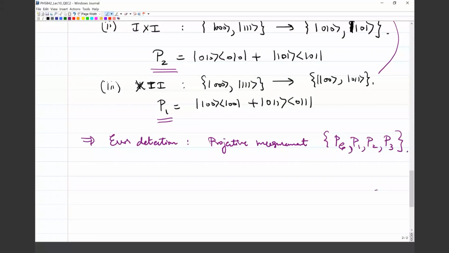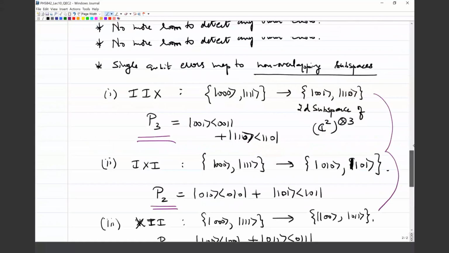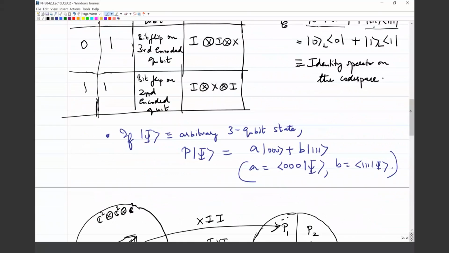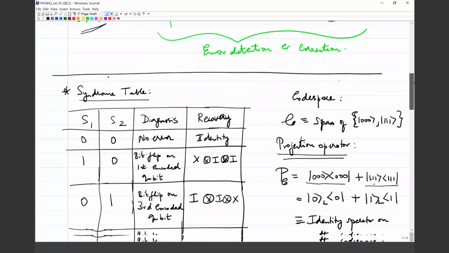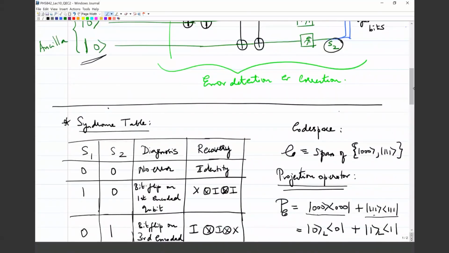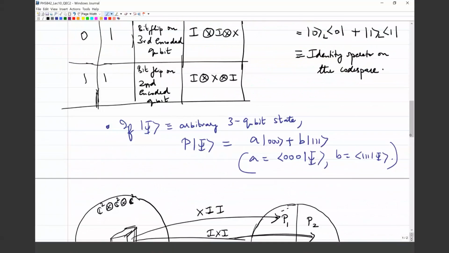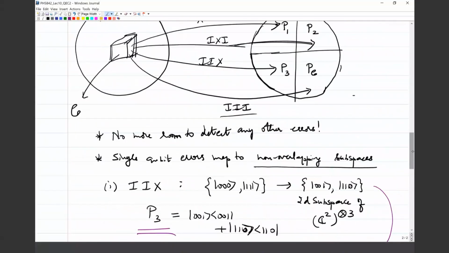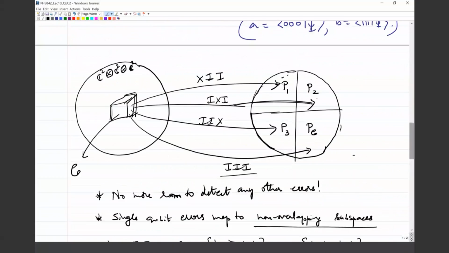So you kind of analyze the whole process algebraically now. Of course, I gave you a circuit and I broke it down as ancillas and syndromes and all of that. But underlying this algebraically, what are we doing? On this larger space, this 3-qubit space, we are performing a projective measurement which identifies for us which of these four subspaces the final state is in.